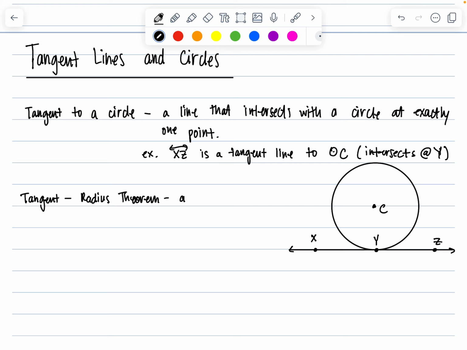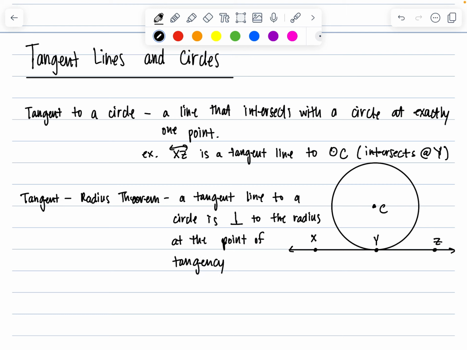Anytime you have a tangent line to a circle, it is always going to be perpendicular to the radius at the point of tangency. The point of tangency is the exact point we were talking about, Y. That is where the intersection is.